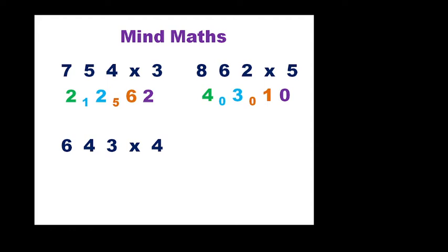Okay. Take this number, 643 into 4. 6 4s are 24, so you have to start with the... 2,572.